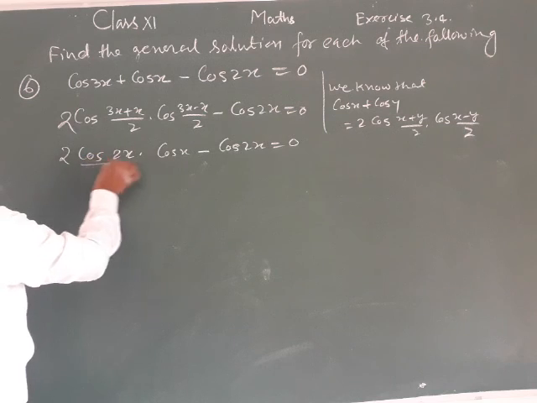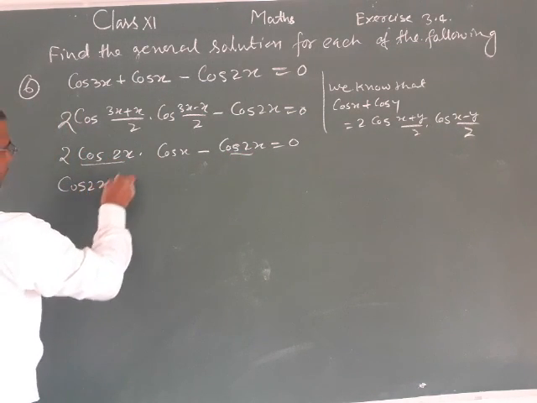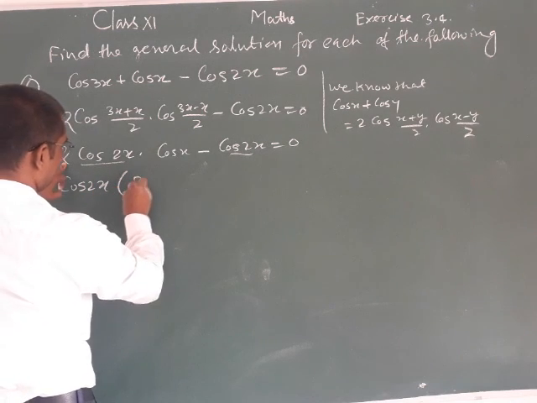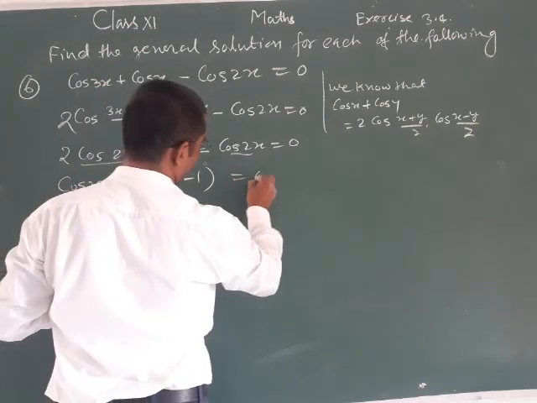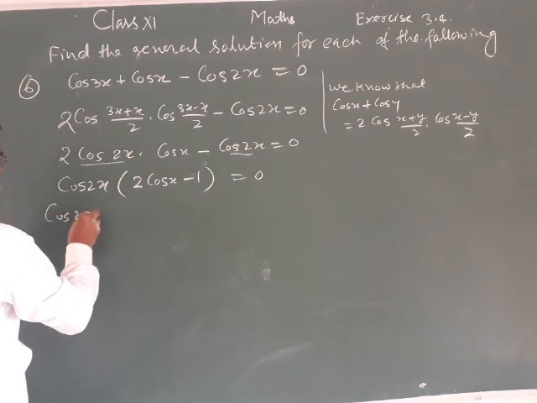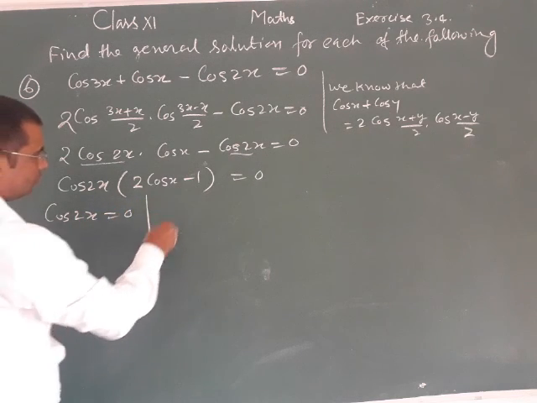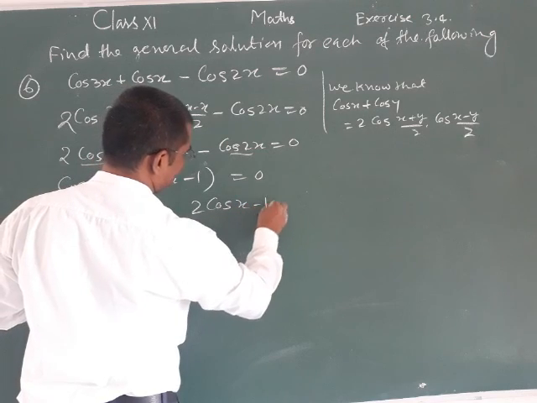Now cos 2x common out, remaining 2 cos x minus 1 is equal to 0.